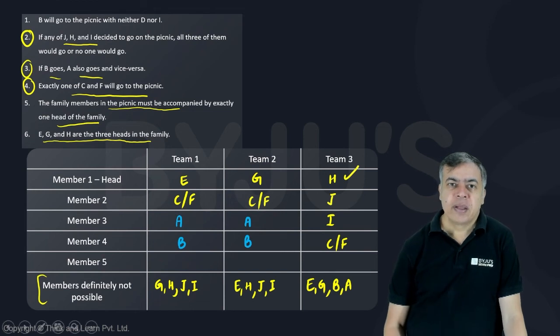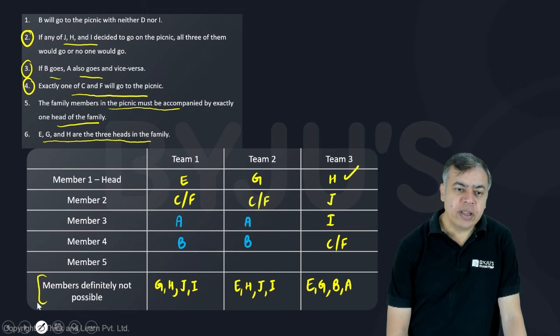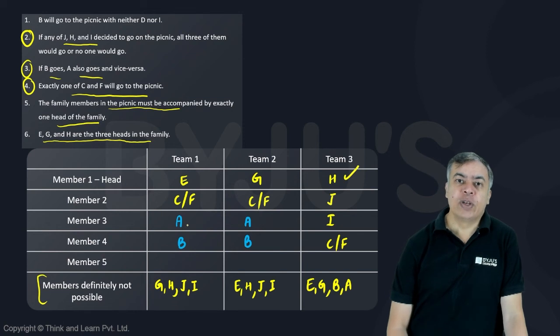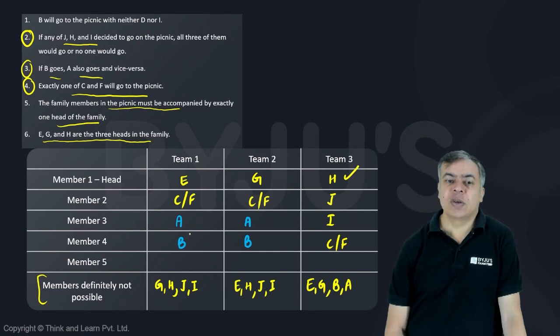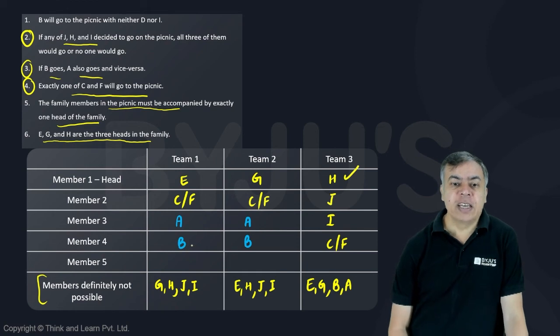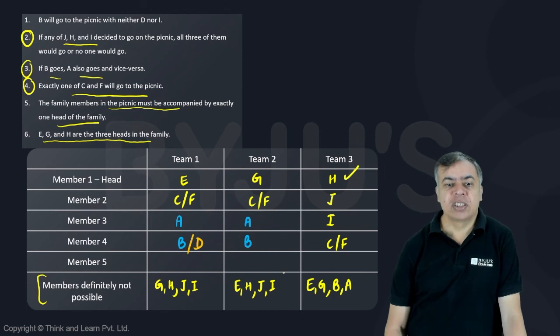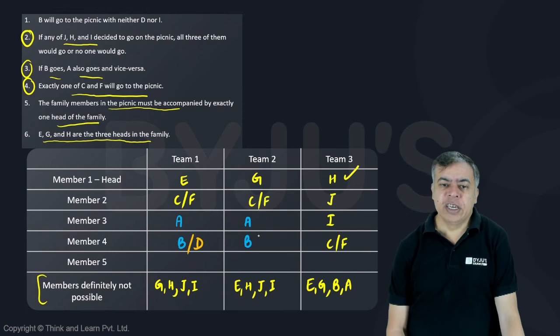But let's say, with one more color, if A and B are not there, this is with blue color, I have given it as optional. This was optional, because if B is there, then I cannot be there. I is already not there. But if B is there, then D also cannot be there. So here D is also optional.